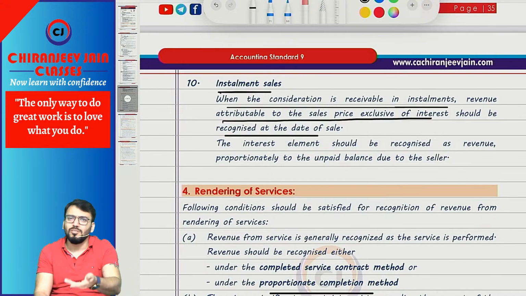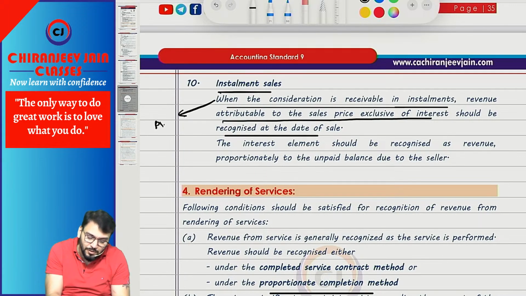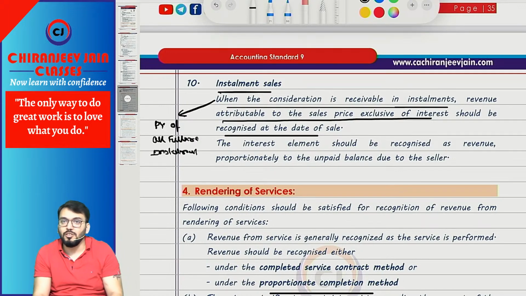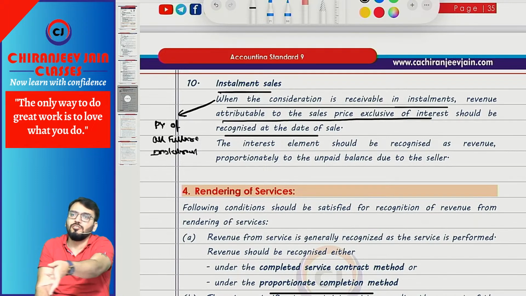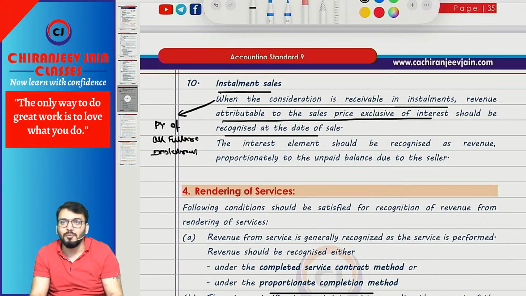So now you know the concept of present value. So we can say revenue should be the present value of all future installments. Installments will be given, rate of interest will be given. You can find out the present value. That will be the amount of revenue.